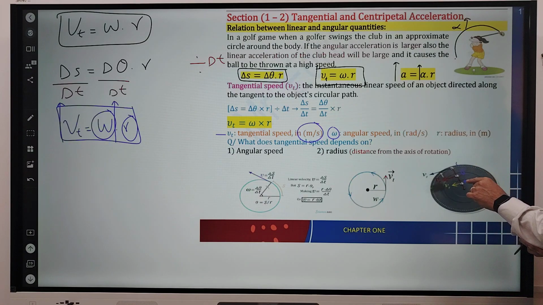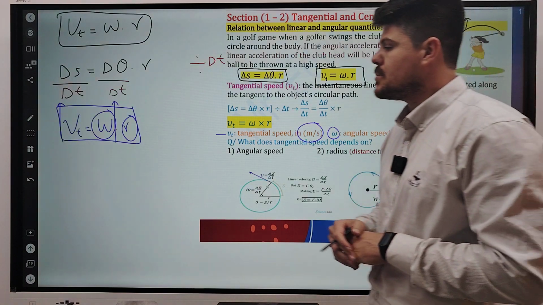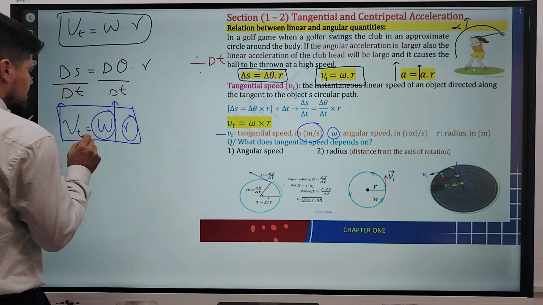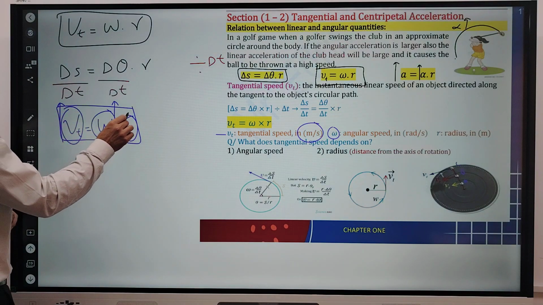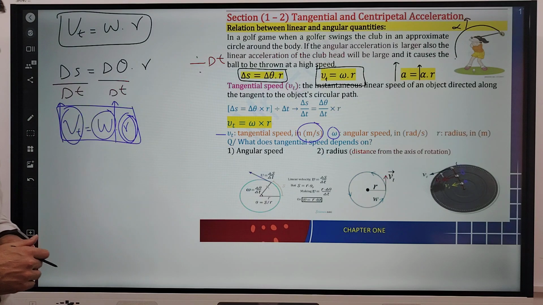Why? Because objects A, B, and C have different radii from the axis of rotation. More distance from the axis of rotation produces more tangential speed. Why? Because when angular speed is constant, the relation between tangential speed and the distance from the axis of rotation is directly proportional.